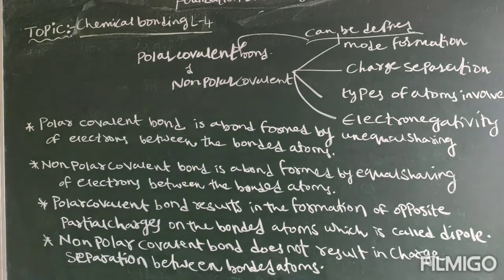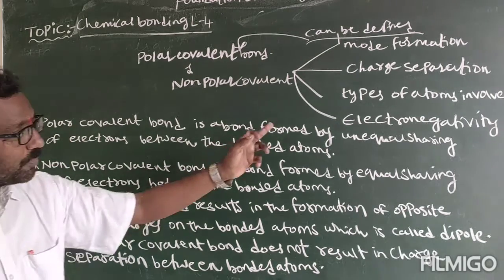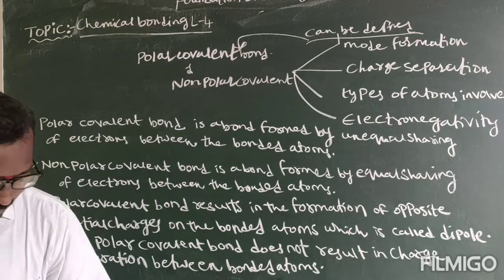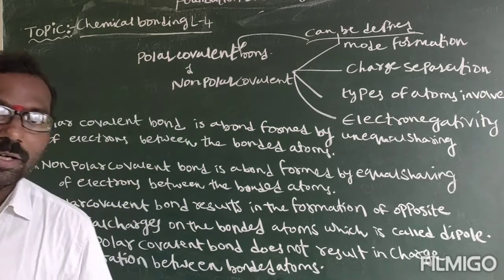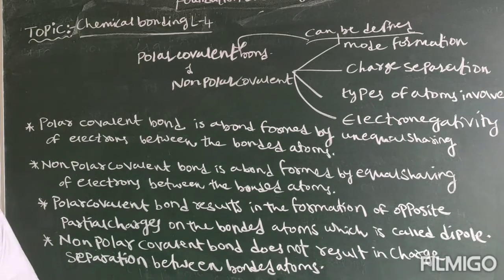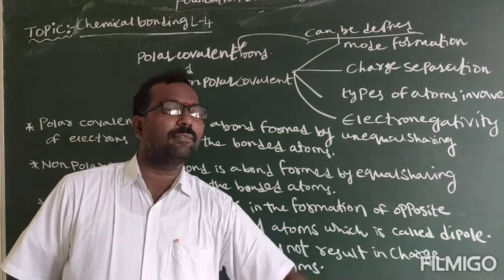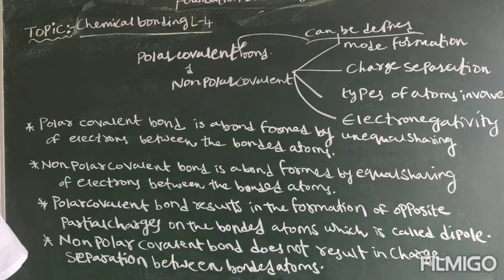Next, based upon the types of atoms involved, a polar covalent bond is formed between the atoms of different elements. That's why they have different charges. Whereas the non-polar covalent bond is formed between the atoms of the same elements.